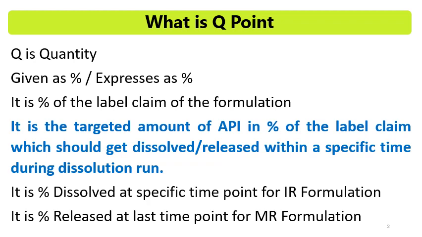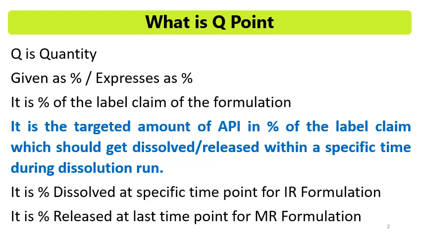So now, Q point is the percentage dissolved of the drug substance at a specific time point for the IR formulations, and sometimes Q point is also given for the modified release formulations, which are DR formulations, or the formulations which have a longer duration of dissolution run.